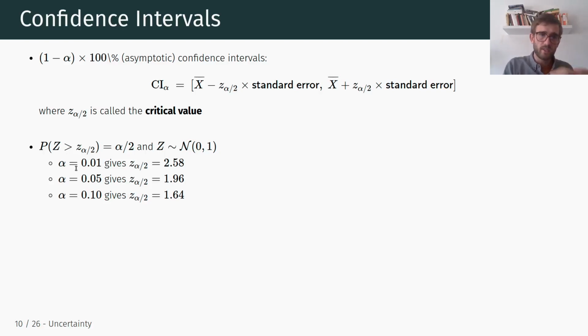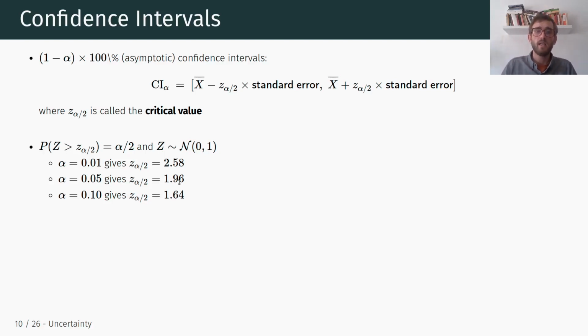For a given confidence level, we have different critical values. So, for example, for the 95% confidence interval, which means alpha is 0.05, our z value is 1.96, right? And 1.96 will probably sound familiar to you in the context of our standard normal distribution.